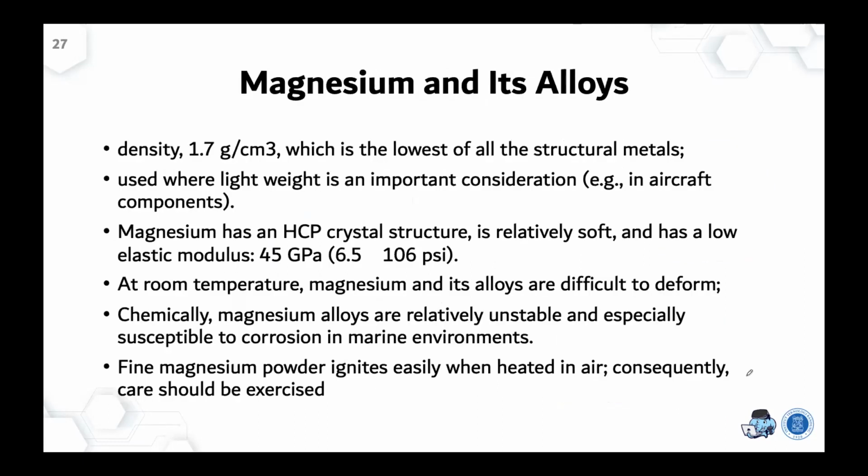Okay, another one is magnesium. So it was my dissertation, how to produce magnesium. It has even lower density compared to aluminum. So it's only 2/3 of aluminum and 1/6 of steel. So it's a very low density structural metal. And it is used where lightweight is an important consideration, for example, for aircraft components.